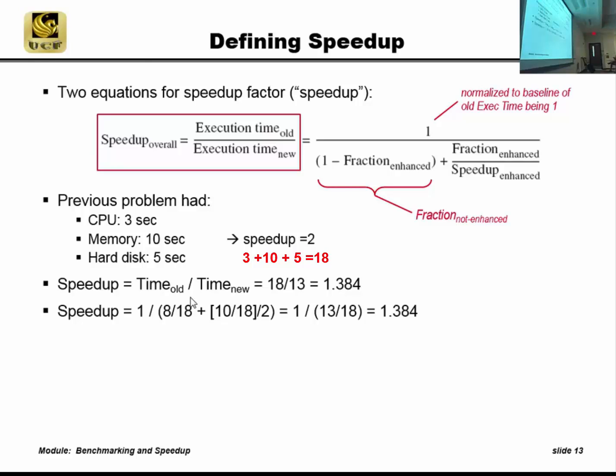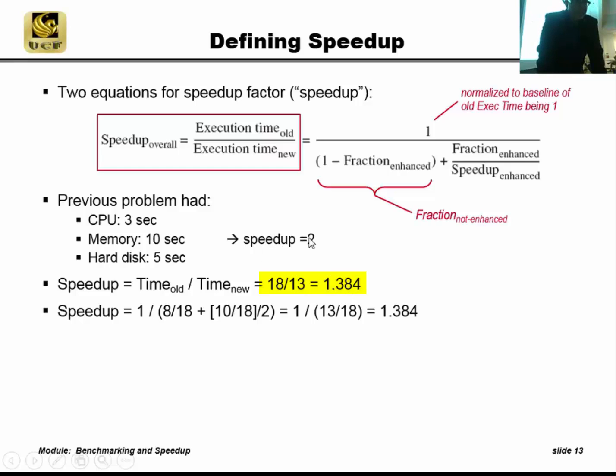So that's 10/18ths, so 1 minus 10/18ths is 8/18ths. And here's the fraction enhanced, 10/18ths. What's the speedup factor? Well, that's given in the problem. Speedup factor is 2. We end up getting the same speedup factor if you calculate the ratio of times or you use the fraction enhanced. Actually, they're connected, and we can see that from the animation of last time.